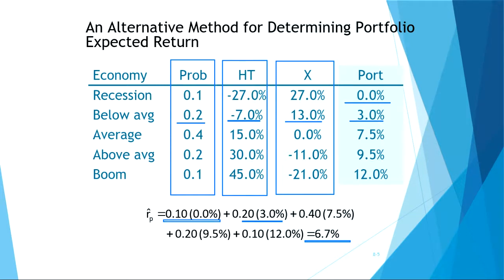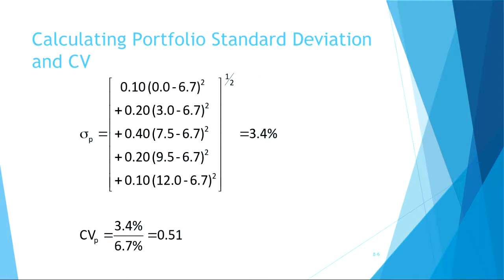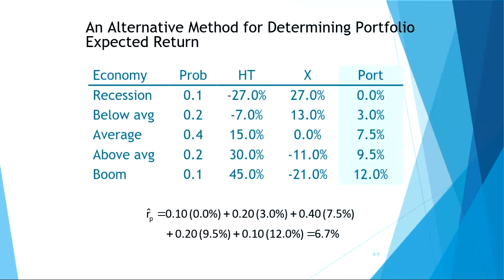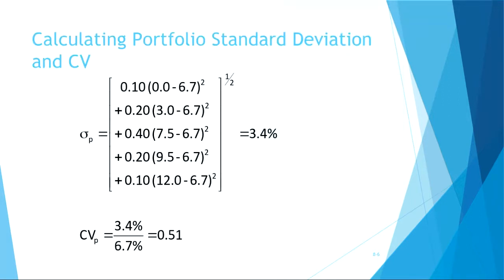But calculating the standard deviation is slightly different. It's not the weighted average of the standard deviations of these two assets. We need to first calculate the weighted expected return of the portfolio, right? And based on this portfolio return, we need to calculate the standard deviation. This 6.7 should be a percentage. I'm sorry for it.